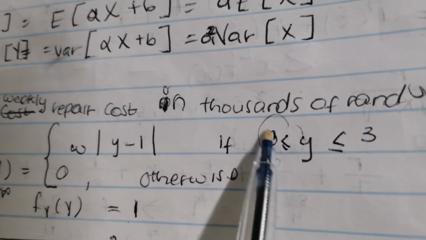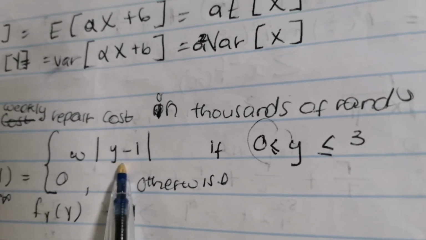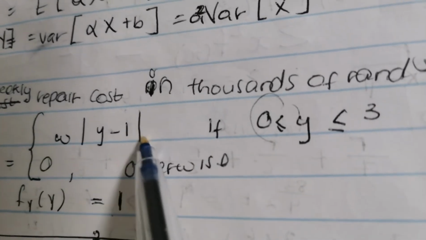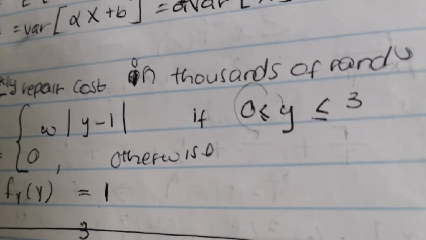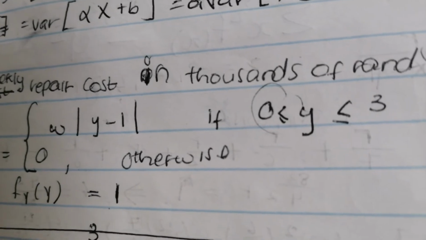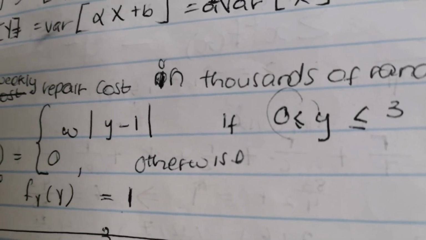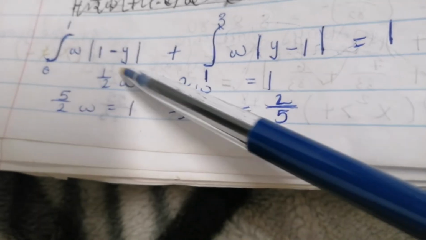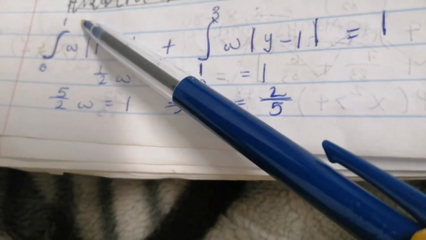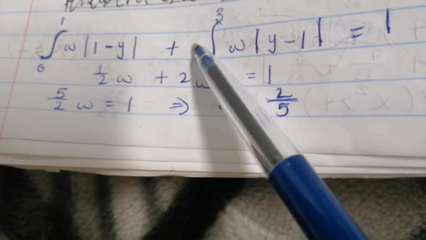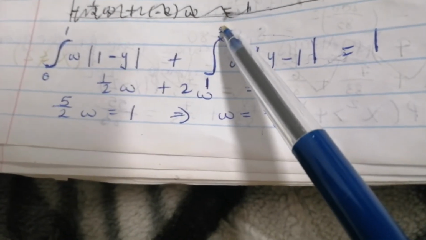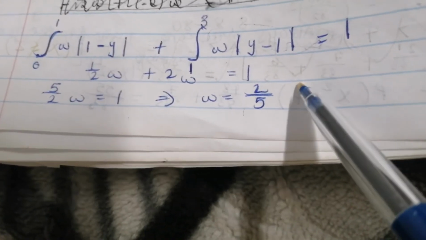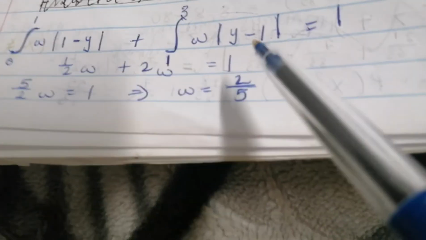For instance, if y is 0, you will get a negative value. So you are going to swap the function that's inside, like I explained in the previous video. To solve for w, we will have our integral from 0 to 1 and from 1 to 3. You will do the calculations and you get your unknown.